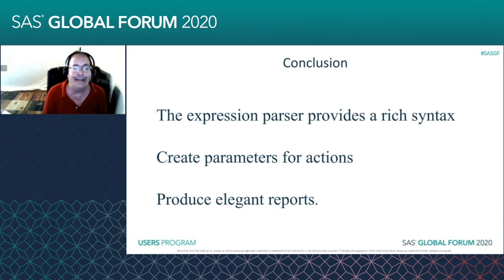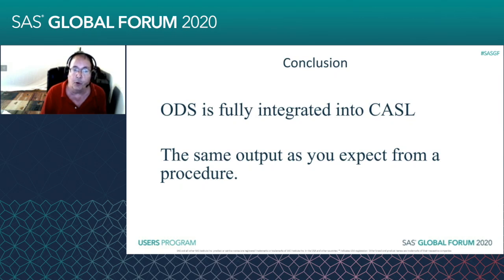And that's going to be taking data and putting it into the form of a result table. But CASL itself really has two purposes. It wants to create your parameters, it wants to submit your actions, and then it wants to produce elegant reports. As I say, these reports will go through ODS. It is the same output you would expect from anywhere else.